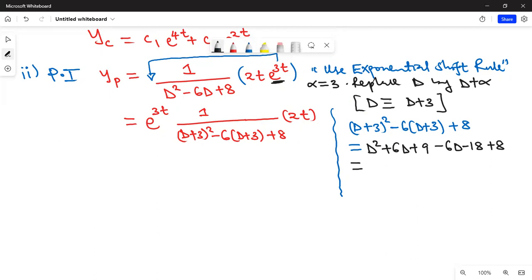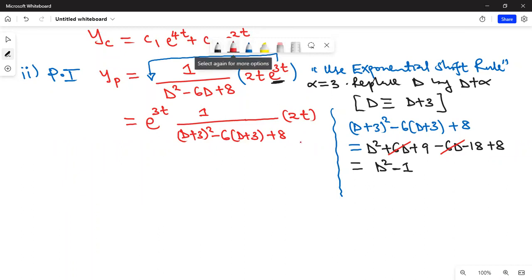And so this is the same as d squared. The 6d will cancel, you can see this and this will cancel. So we have 9 plus 8, which is 17, then minus 18 is negative 1. So that's d squared minus 1. I hope that is clear to everyone.